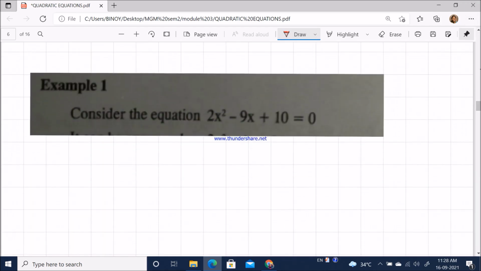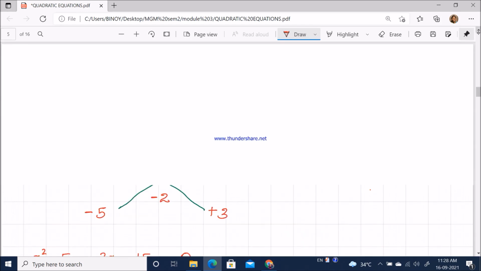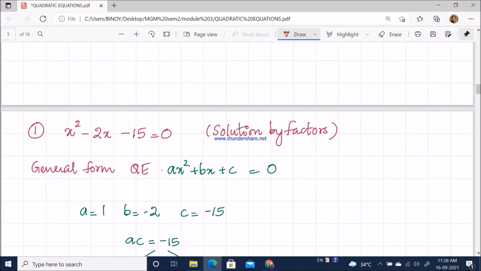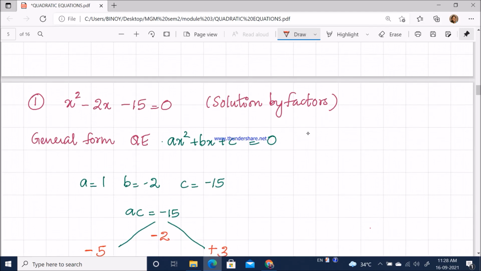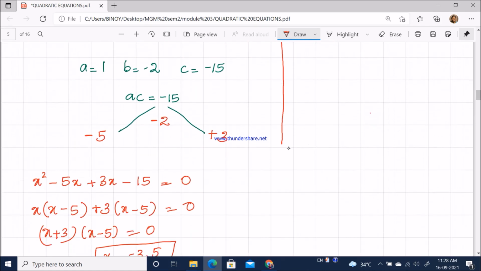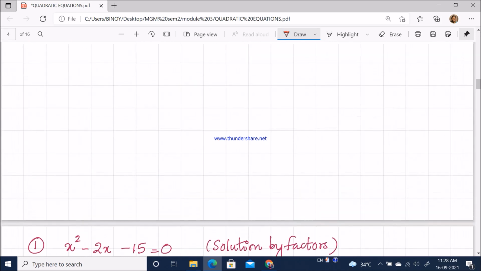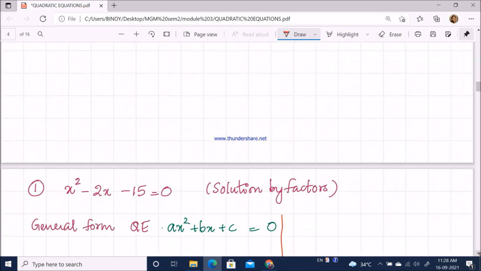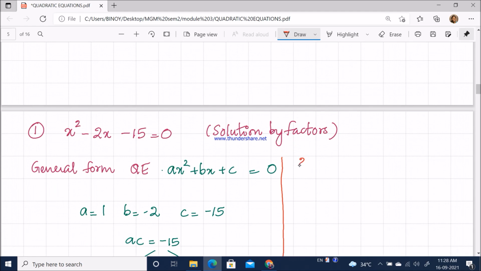Now I am using the same quadratic equation and solving it by the formula method. So let's apply the formula method, the second method, that is by formula.